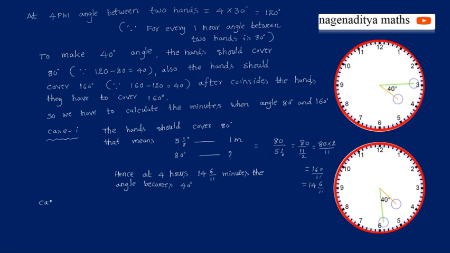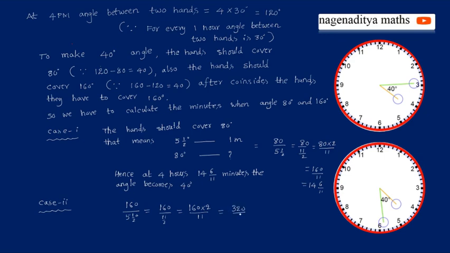In case 2, similarly we can do the second case also. Just divide 160 by 5 1/2, that is equal to 160 by 11/2, that is equal to 160 into 2 by 11, so that is equal to 320 by 11.